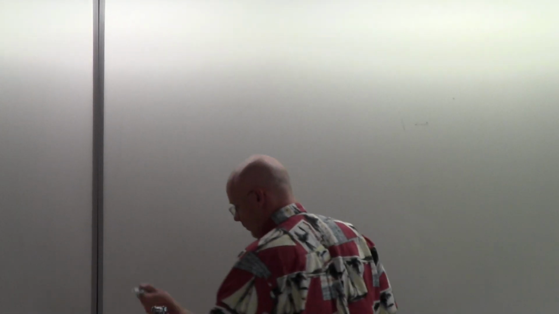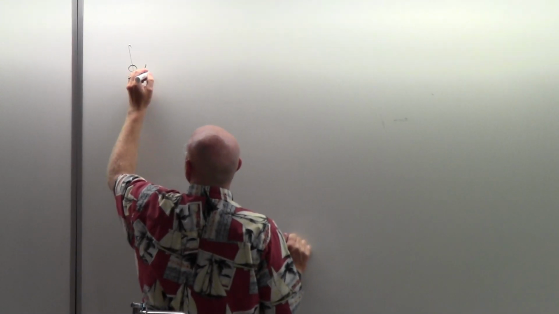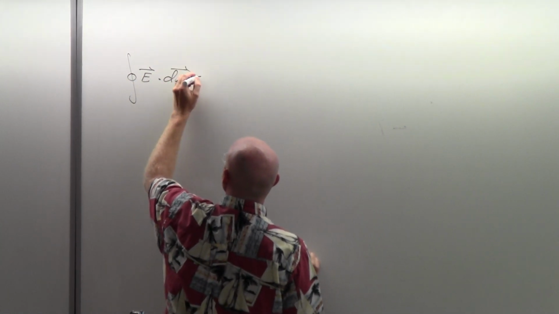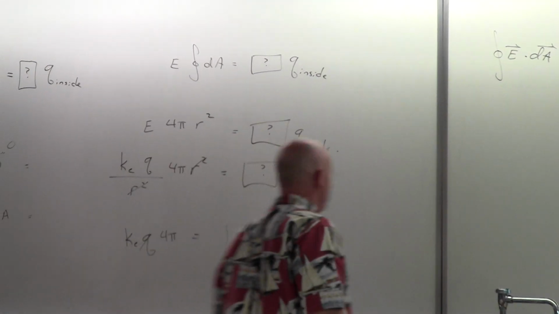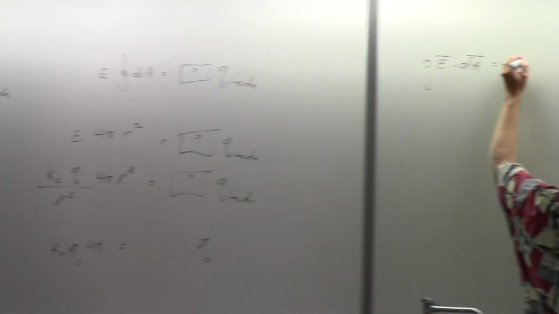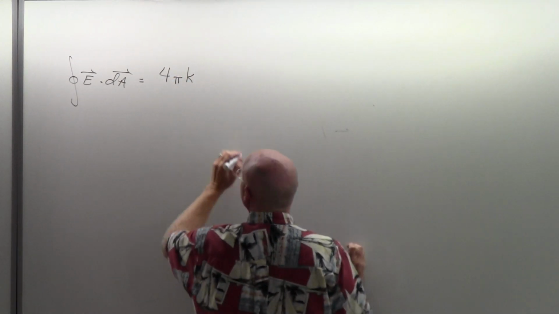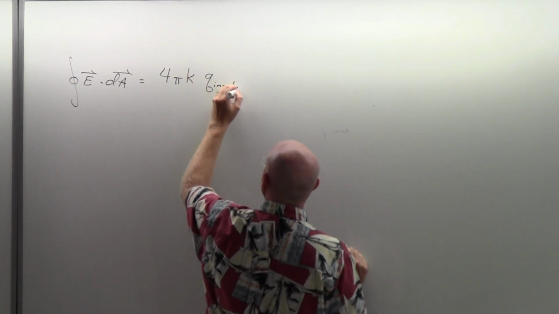So we'll keep going, but we've answered what we really need for this chapter, and that is the flux around a closed surface would be this number out in front, which is really made out of three numbers, a 4, a pi, and Coulomb's constant, times the charge on the inside.